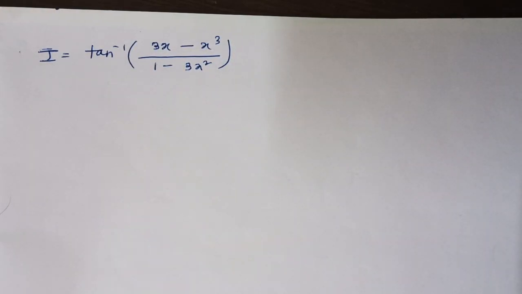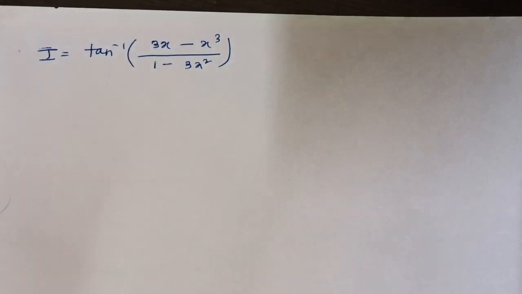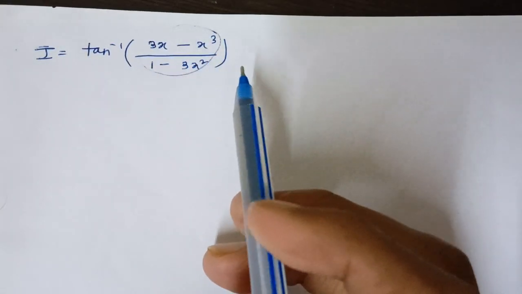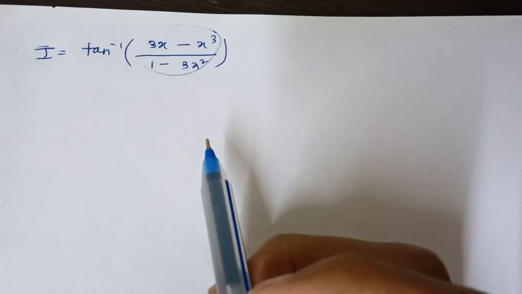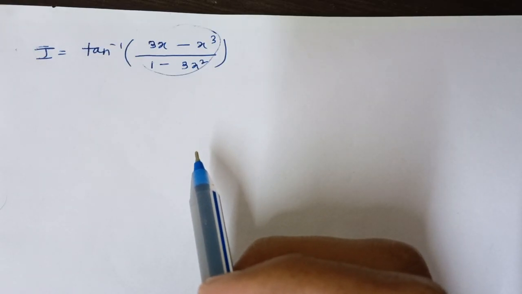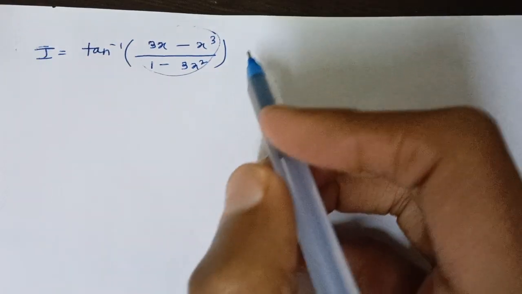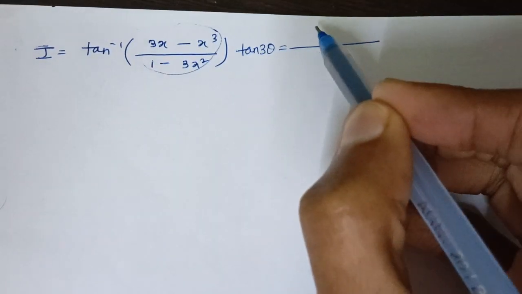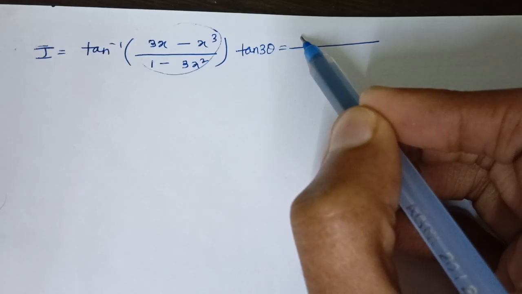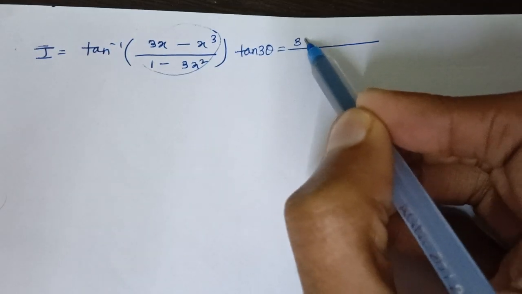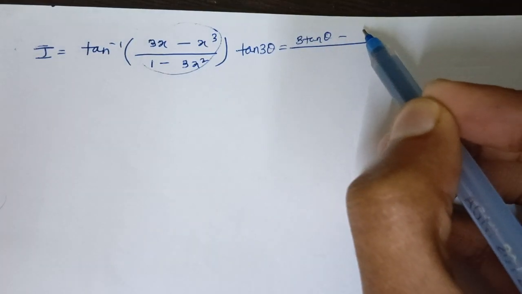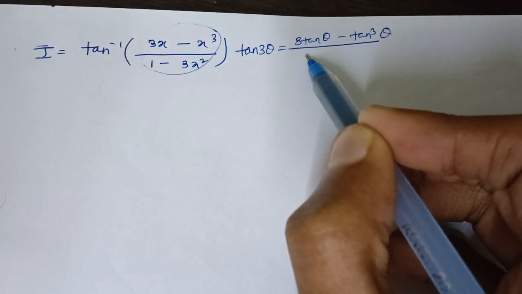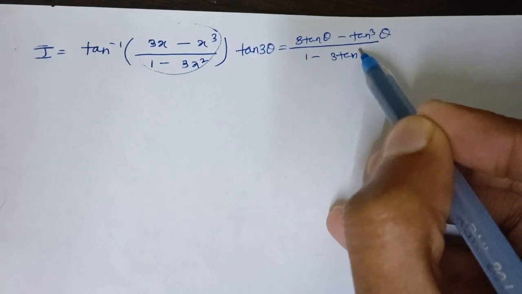Now I want you to notice that this inside function in x looks like a very common identity of tan 3 theta. Tan 3 theta is equal to 3 tan theta minus tan cube theta divided by 1 minus 3 tan square theta.